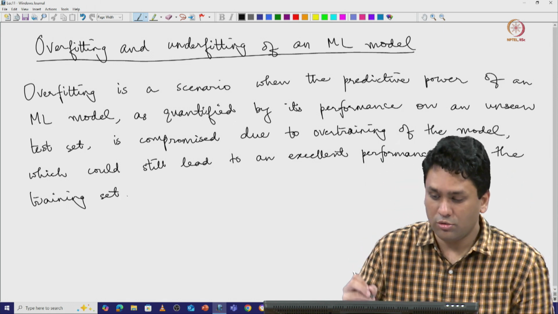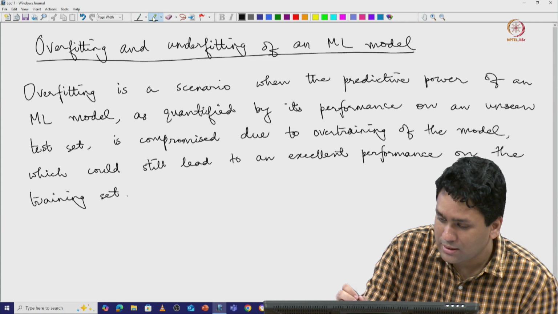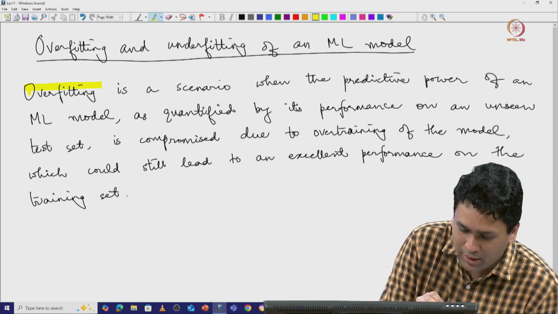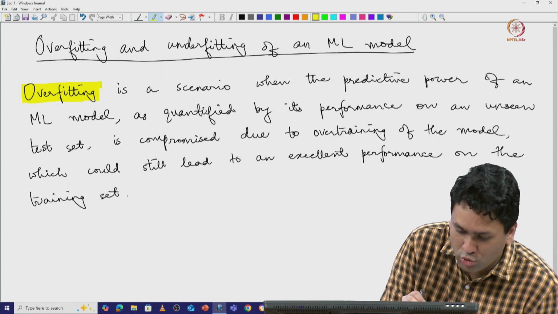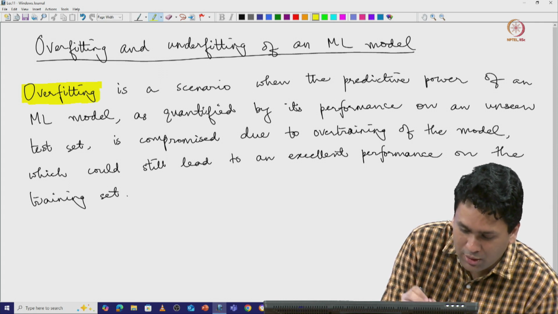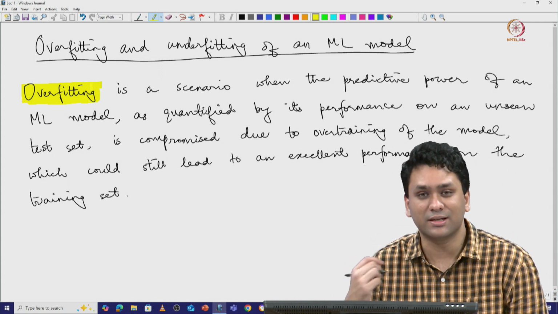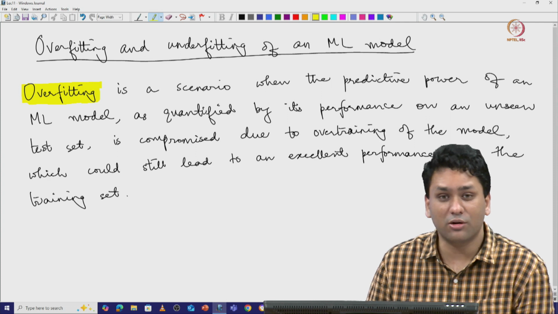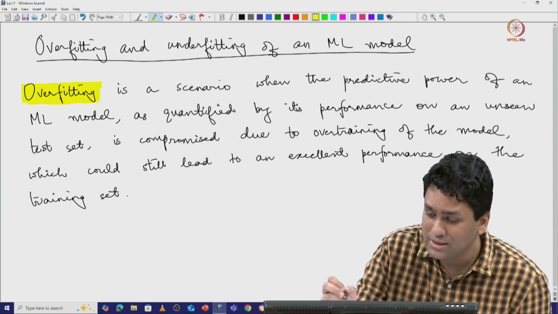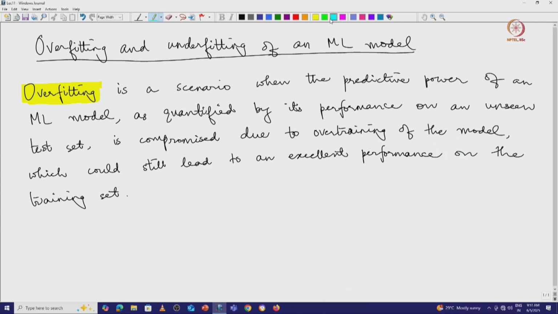So, what is happening here is that the model is overfit, meaning that you made it too complex, and therefore it is very sensitive to the training data. And when you are trying to use it on an unseen test set, its performance is getting compromised.